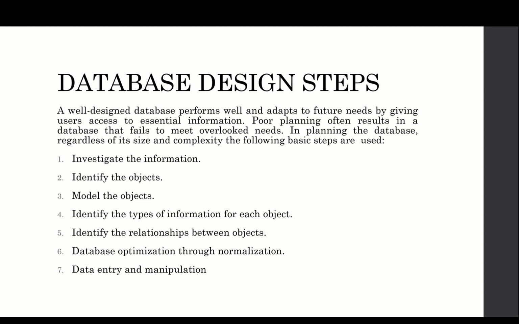After you find that your database is normal, is well organized, then you test it with real and correct data. Then you try to manipulate the data and see if it is giving the real output. Then if you find that it is working well, then your database is good.